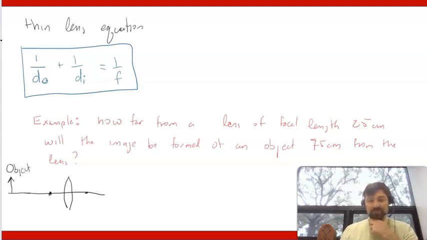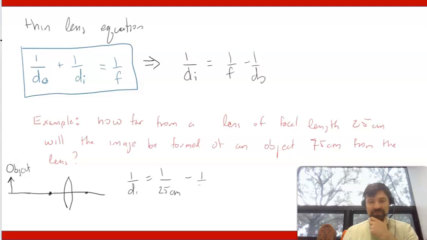So 1 over DO plus 1 over DI is 1 over F can always be rewritten as 1 over DI is equal to 1 over F minus 1 over DO. And so making use of that, I have 1 over DI is equal to 1 over 25 centimeters minus 1 over 75 centimeters. Now, 75 is 3 times 25, so this is the same as 3 over 75 minus 1 over 75.